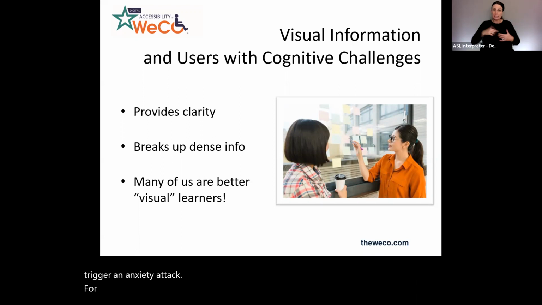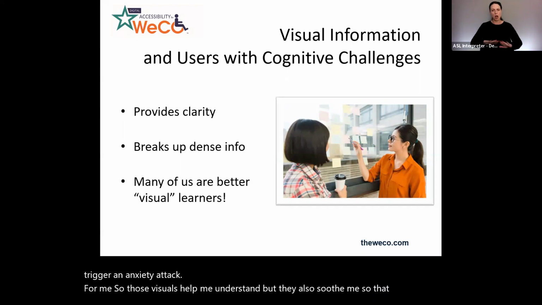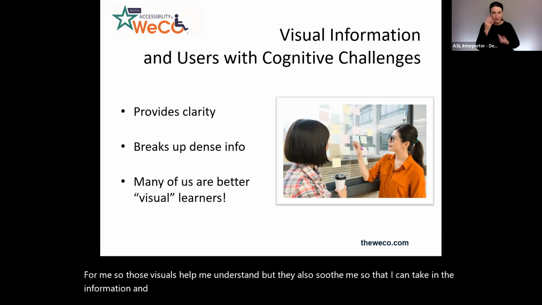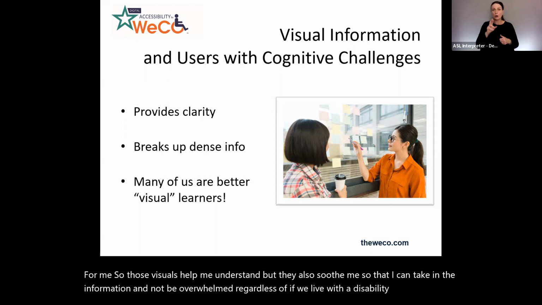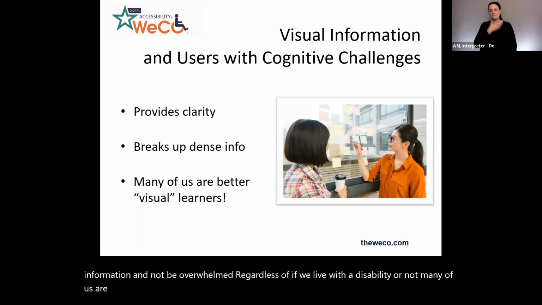So those visuals help me understand, but they also soothe me so that I can take in the information and not be overwhelmed. Regardless of whether we live with a disability or not, many of us are just better visual learners. So realize that visual information is something that's really vital.